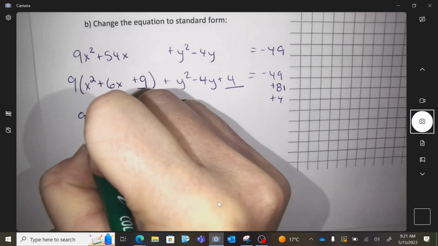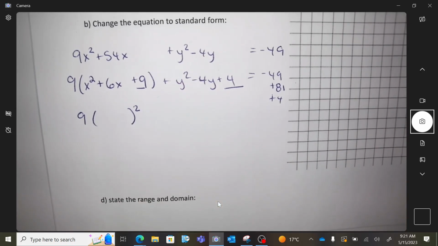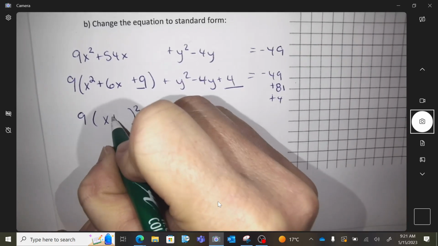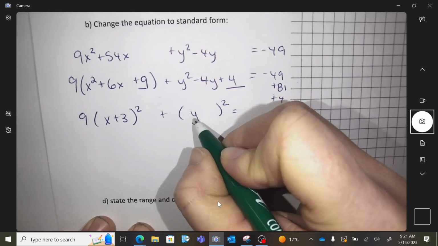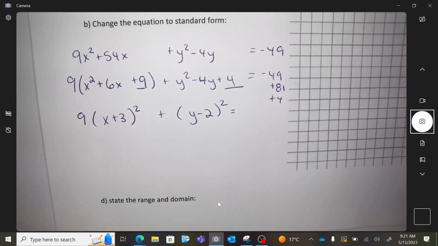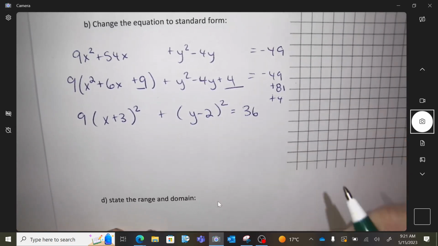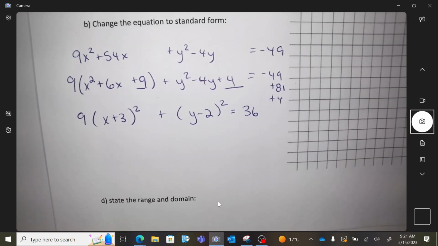Okay, so 9 perfect square would be x plus 3. The y perfect square. Okay, what do I have to divide by here?